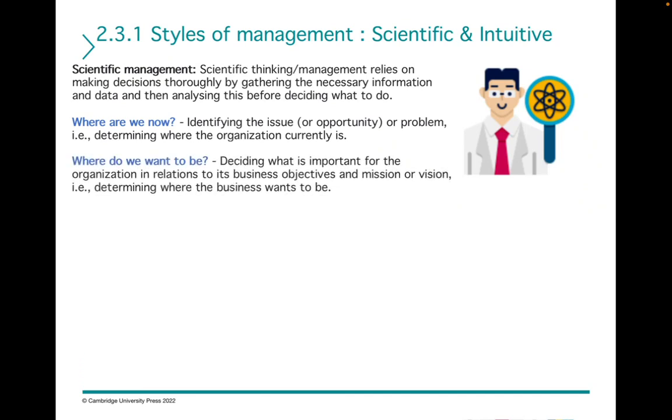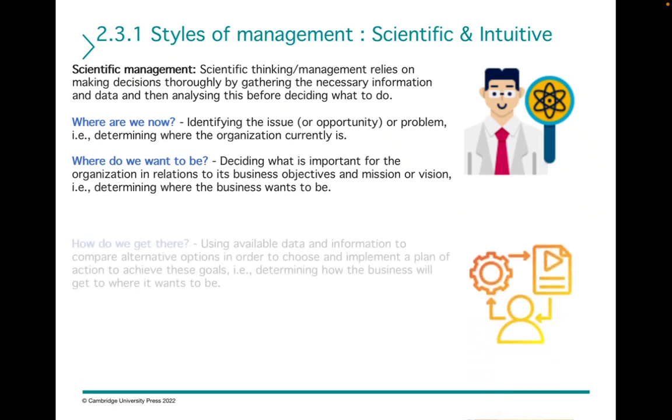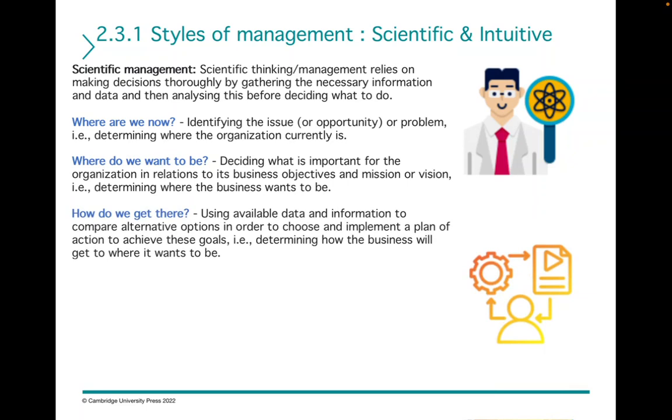Where do we want to be? I.e., how are we gonna get there in terms of knowing that you're at point A, you want to get to point B. So you need to visualize the map of how to get there. And which is the next point, how do we get there? So where we are, where we want to be, how do we get there?